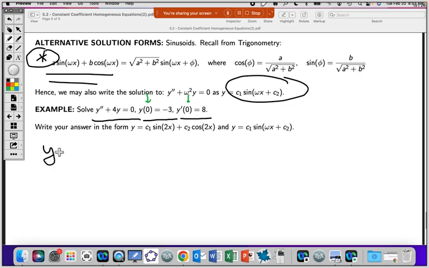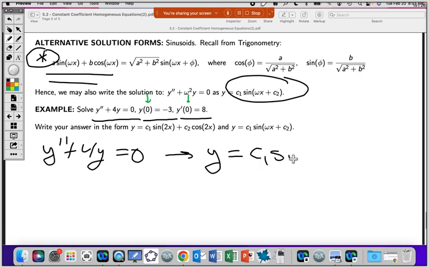So we know from before, what we started off with, the first example I think we did today, we get this. Right? So we had that from before. That's the general solution. We can now impose the initial conditions.